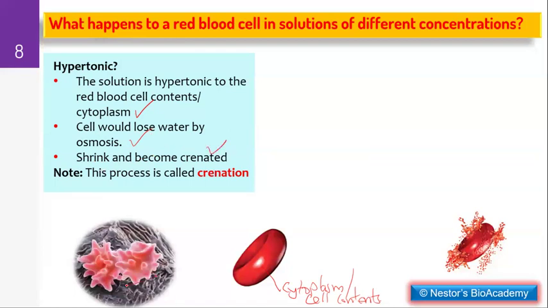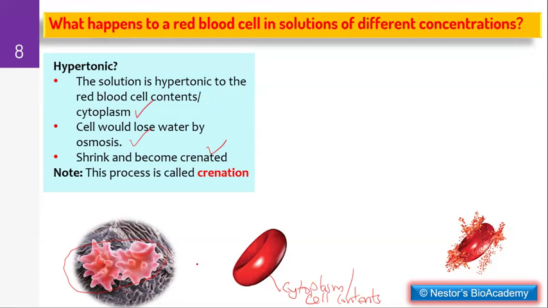The illustration here represents the crenated nature of the red blood cells. And you can see the red blood cells end up losing their biconcave shape. And this biconcave shape, remember, is very important in ensuring that the red blood cell is more efficient in transportation of oxygen and carbon dioxide in the body.